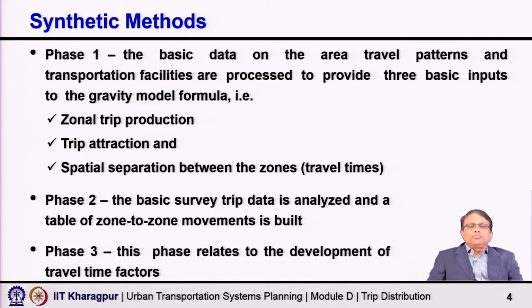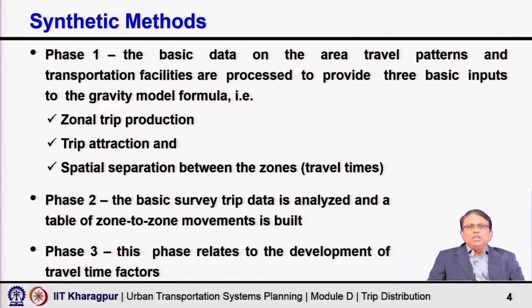Now, when we develop this kind of model, how do we go? We go phase-wise. In the first phase, we need all the basic data. Every process, trip generation, trip distribution, starts with some data, some input. Here, my inputs are zonal trip production and zonal trip attraction. That means I must know the value of Pi for all the production zones, i equal to 1 to n, and the attractions for all zones j equal to 1 to n.